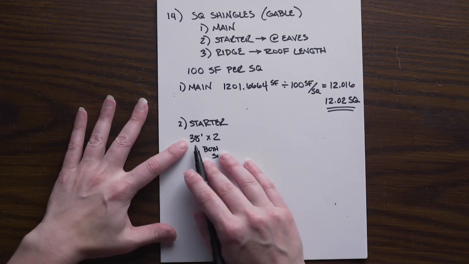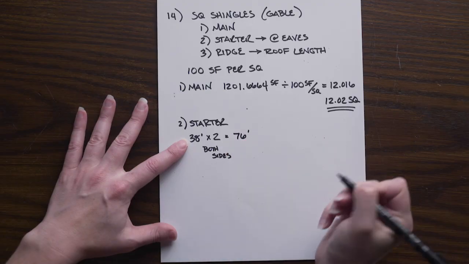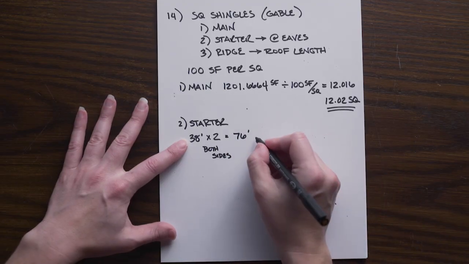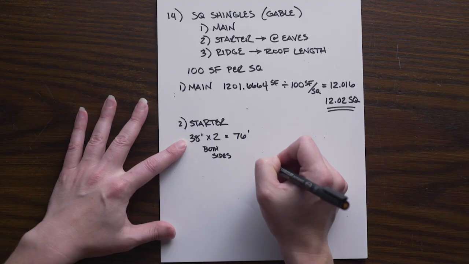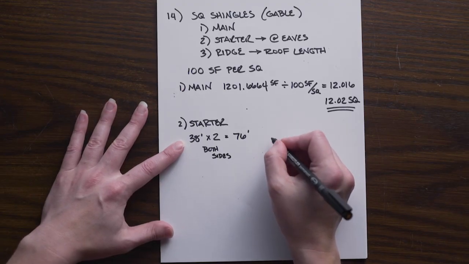We have 2 rows that are 38 feet in length. It gives us 76 total lineal feet. And as we discussed, if we do not have a pre-manufactured starter strip, we can create one by cutting off the tabs of the shingles. And this is where it can get a little confusing.